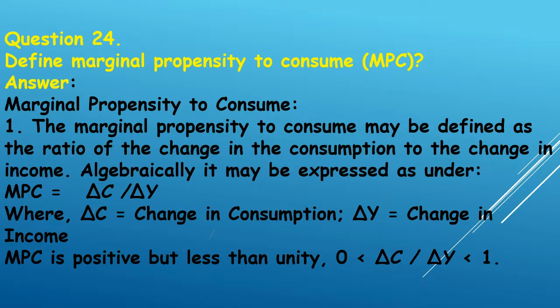So when income is 10,000, consumption is 8,000, and when income becomes 20,000, consumption is 15,000. That change is called marginal propensity to consume. The change in the level of income and consumption is the marginal propensity, or the ratio of consumption, MPC.